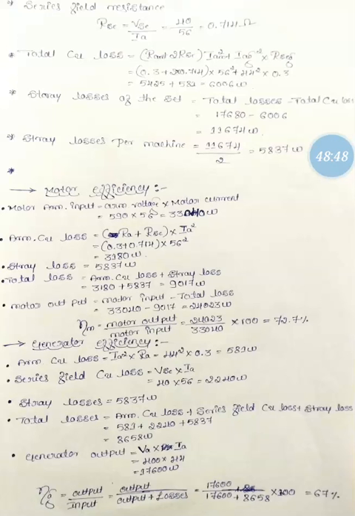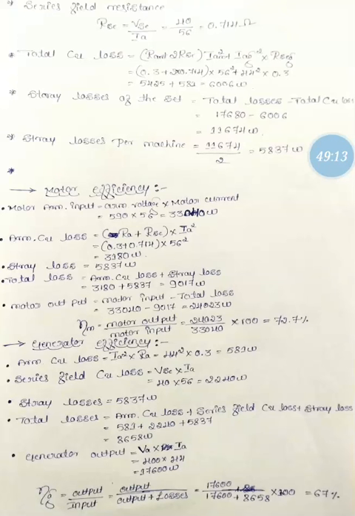The stray loss is calculated, that is 5,837 watt. Then the total losses are the combination of the armature copper loss, the series field winding copper loss and the stray loss. Then we get the total losses as 8,658 watt. Then the generator output is calculated as the product of the generator terminal voltage and the armature current.